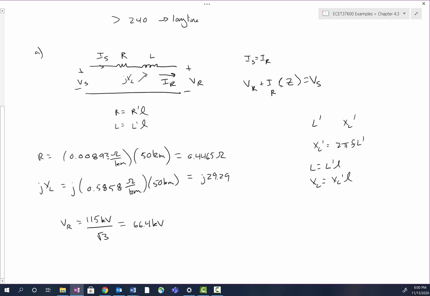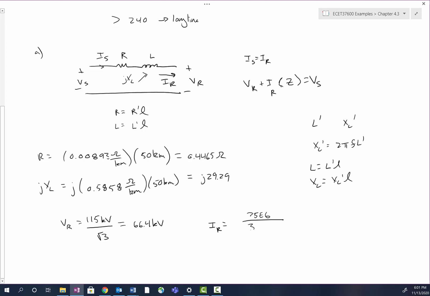I then need to know what the current going into the load is. What is IR? And that in this model is also equal to IS, so you can call it either. IR is going to be the apparent power divided by the voltage. This was 75 megawatts lagging at 0.85, so that's 75 megawatts.